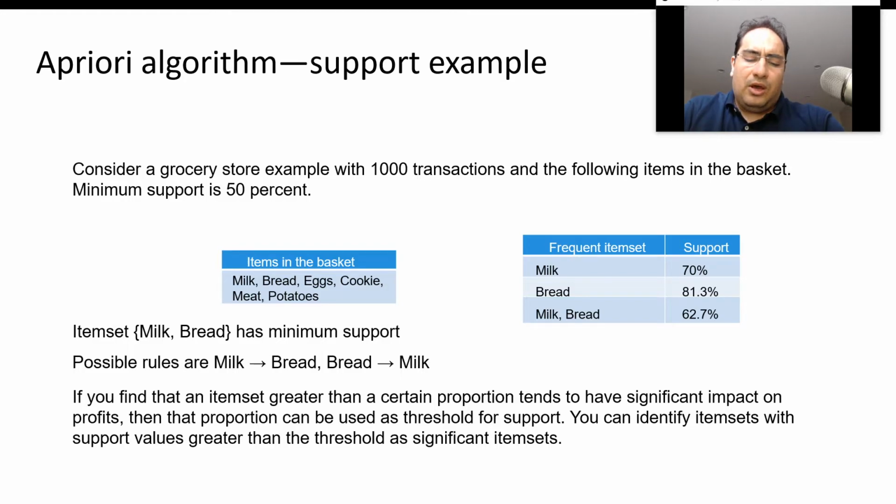We could say that if someone buys milk, then probably they buy bread as well, because these item sets have good support. Or we could say if someone buys bread, they probably buy milk as well. But is it the same scenario? Can we really say that if someone buys milk, they will buy bread, or that when they buy bread, they will buy milk?